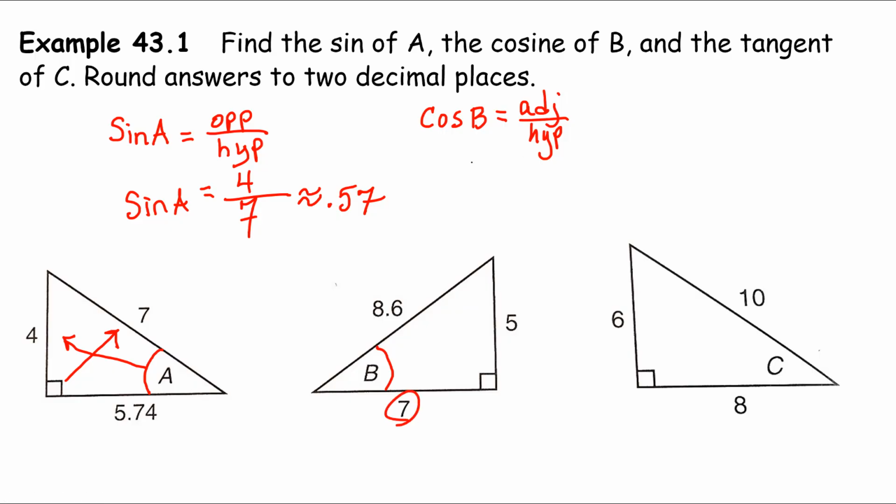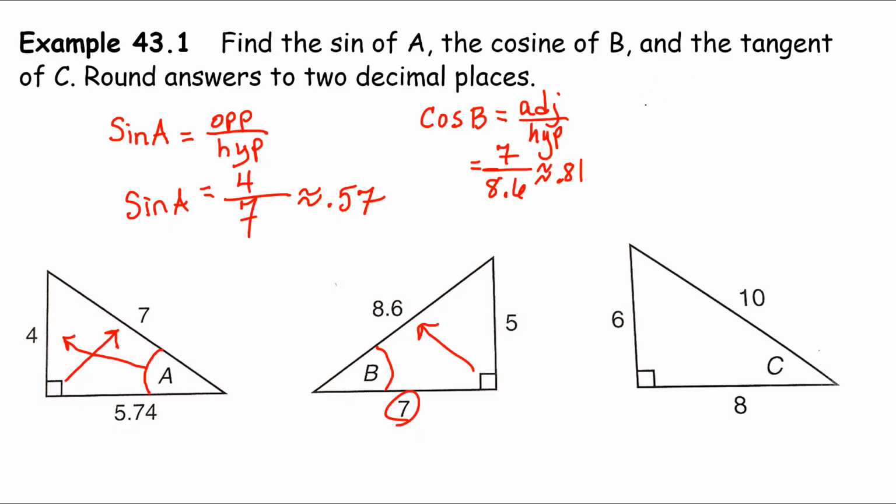So that goes in the numerator. And the side that is the hypotenuse of the triangle is still the side that's across from the right angle, which is 8.6. If you punch that into your calculator, you will get about 0.81. That's just an approximation.